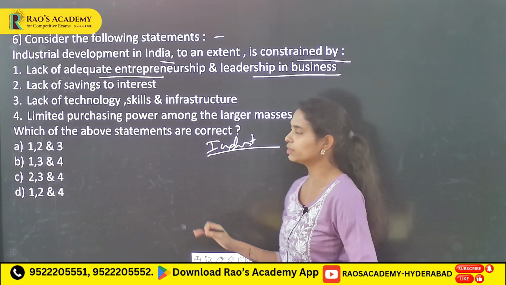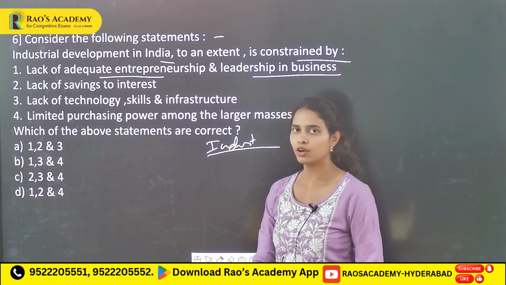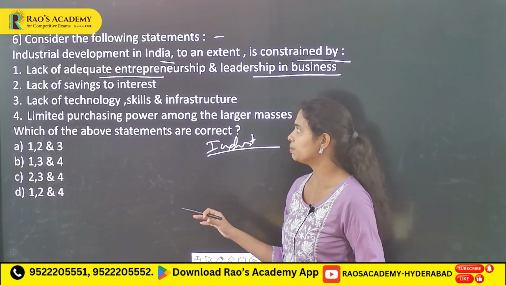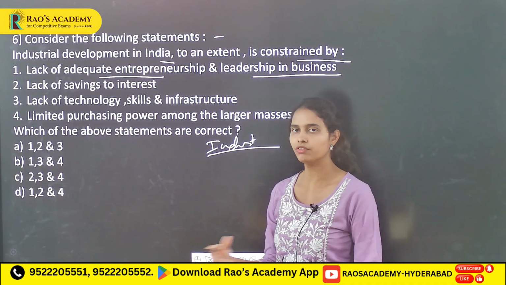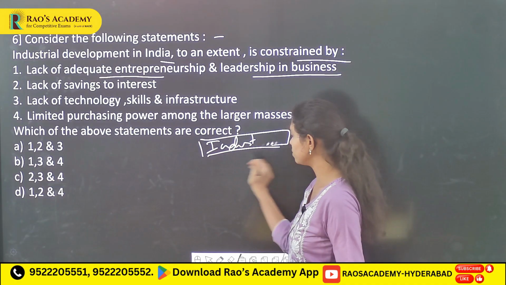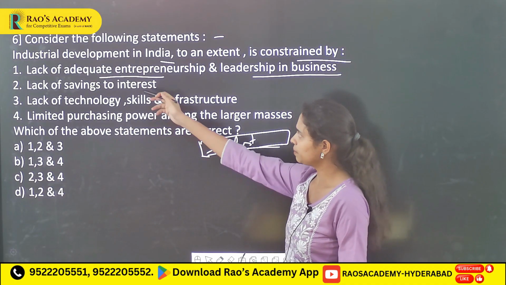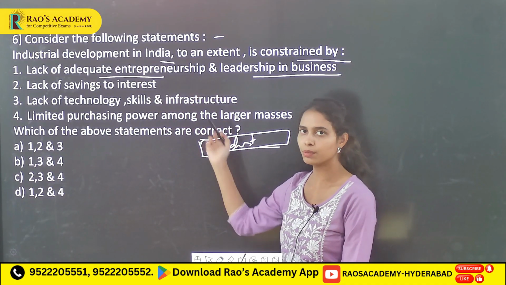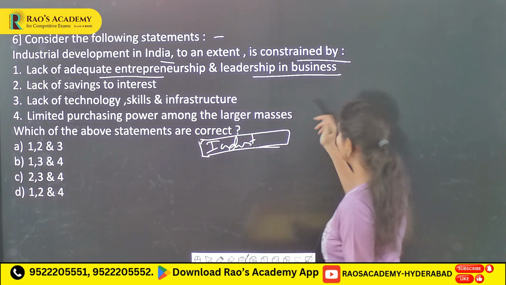Usually for industrial development, entrepreneurship as well as leadership is very essential for the innovation of different entrepreneurs. So in India, the industrial development is lagging mainly because of the lack of these entrepreneurs as well as that of the leadership in business, which is a correct one.